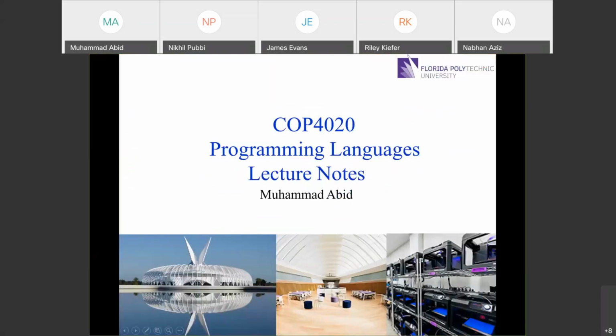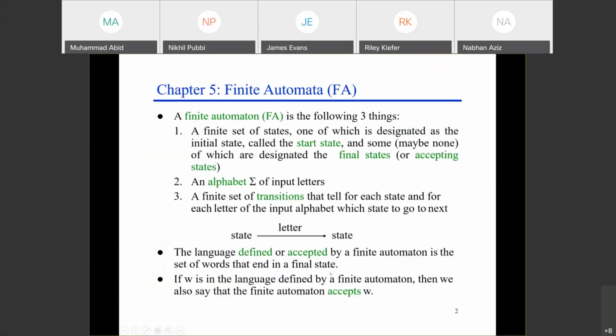Okay, this is a bit long. So far, you see that we can define a language by regular expression. And you know that when you define a language by regular expression, it is a regular language. Now you can also represent a regular language by FA.